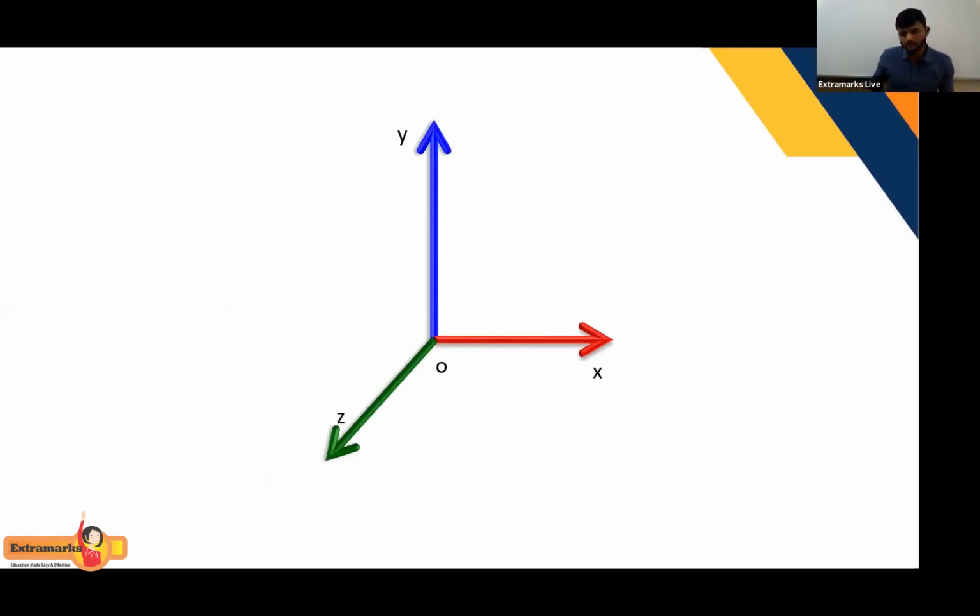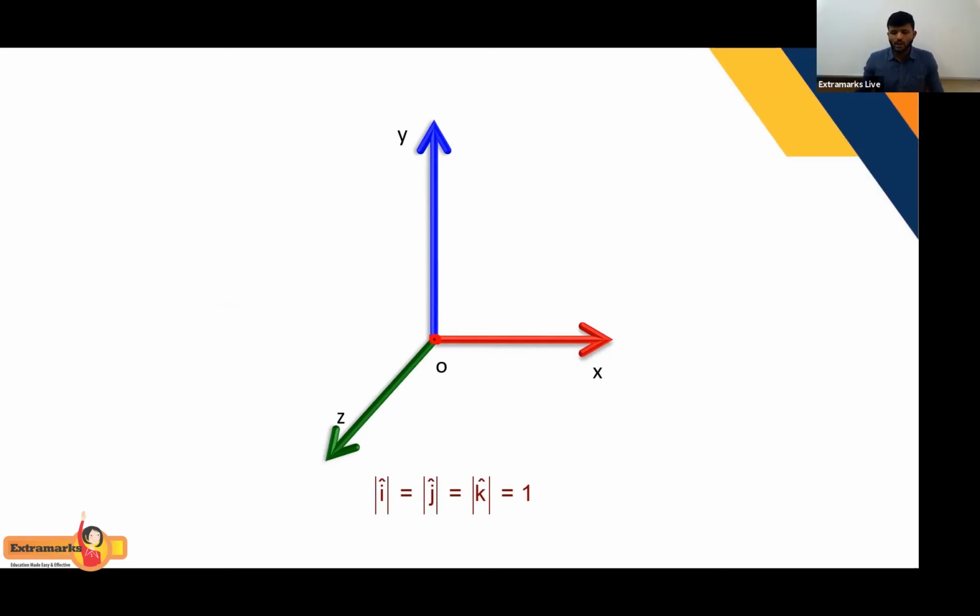and z-axis. So as you can see on this board, this point is called the origin, the starting point. Towards the right of it, I have considered the x-axis, above it the y-axis, and the third axis, which is coming out of the plane, this is called the z-axis. Now I have defined unit vectors along all the three directions.